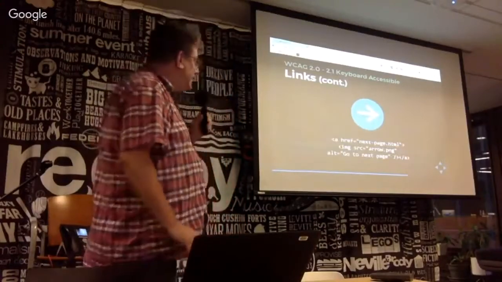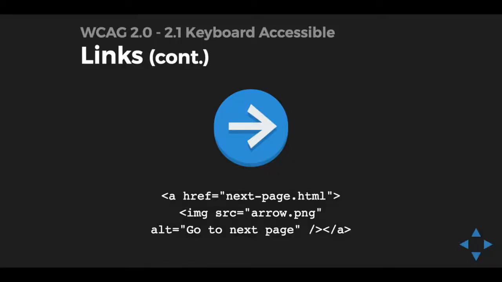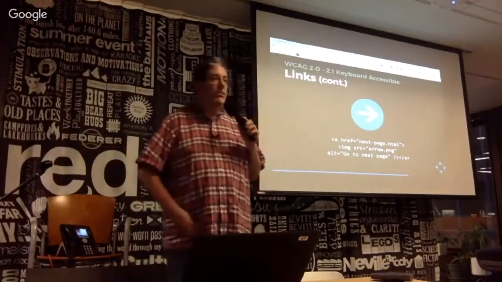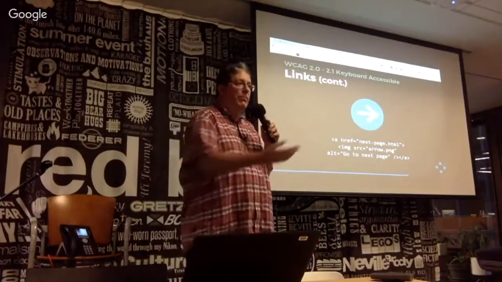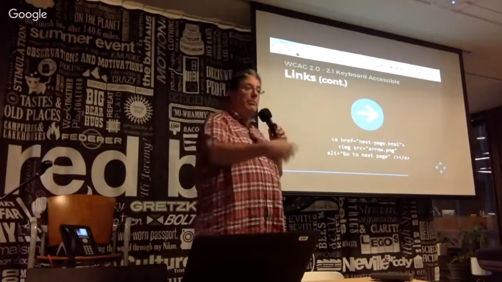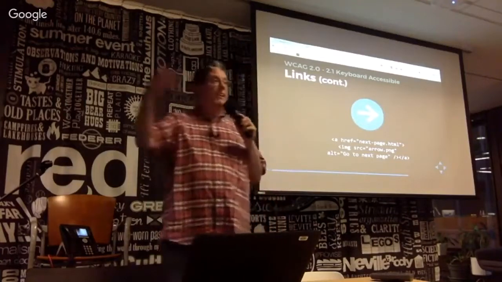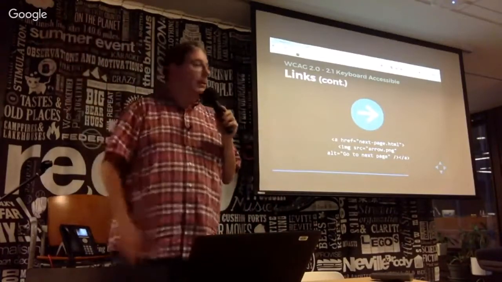When actually, if you just did this, which is href equals next-page.html, image src equals arrow.png, alt equals "Go to next page." So you might be saying, okay, but let's say if this was a form field, we're trying to do a custom field. We're trying to do something different.